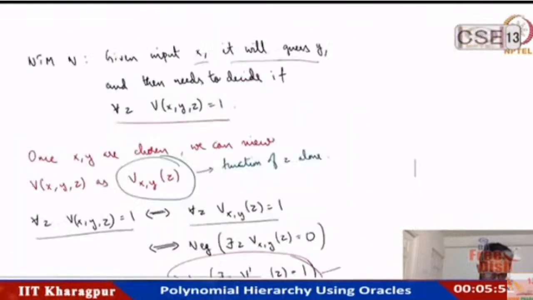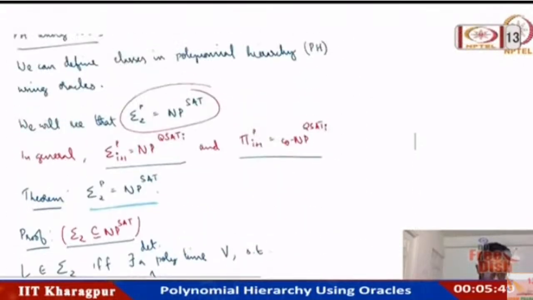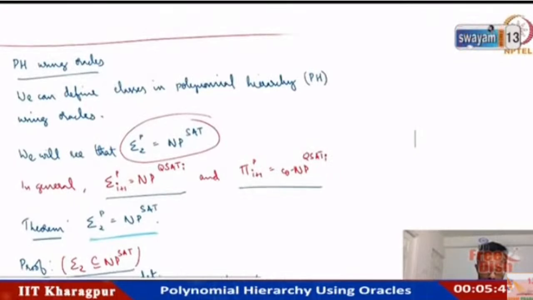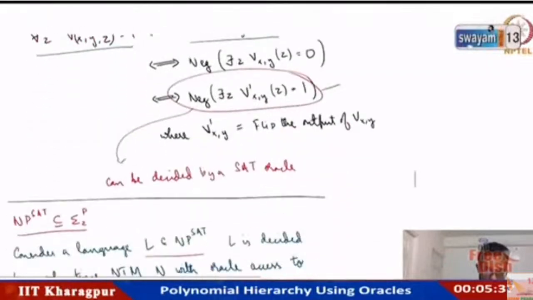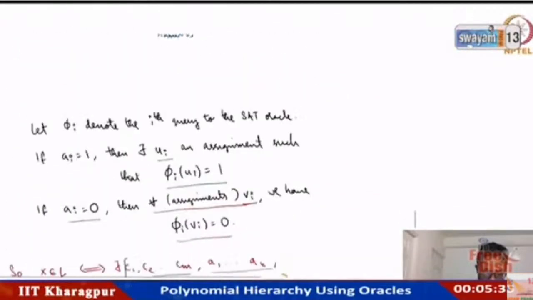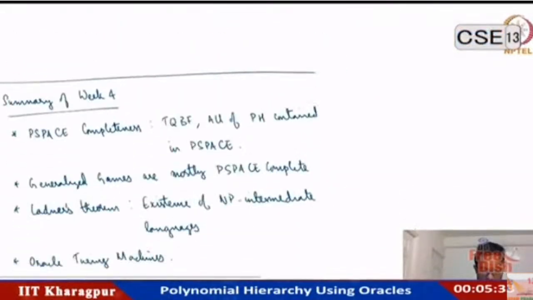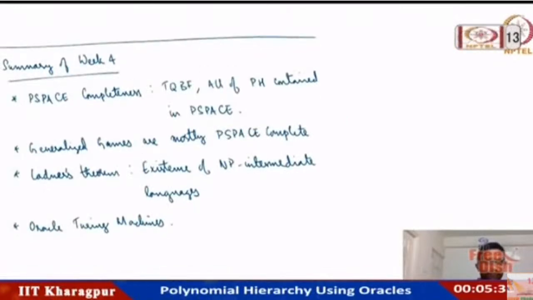And with that, we have completed the description of how we can get the languages in the polynomial hierarchy using the oracle Turing machine description. Now let me just summarize what we have seen in this week 4.